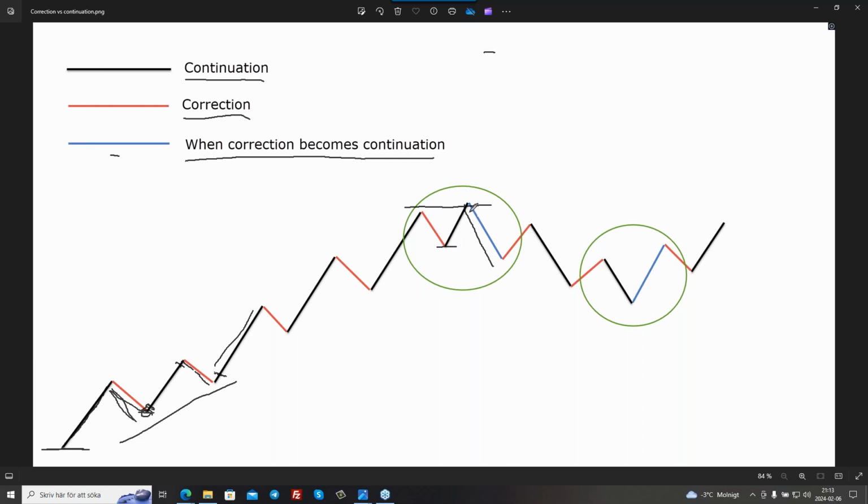Now when you have a new correction becoming continuation, you need to wait for that correction. Now you need to rethink and reset, and from being a bull, just buying, now you need to look for shorting opportunities and ignore the buying opportunities unless you know what you are doing.